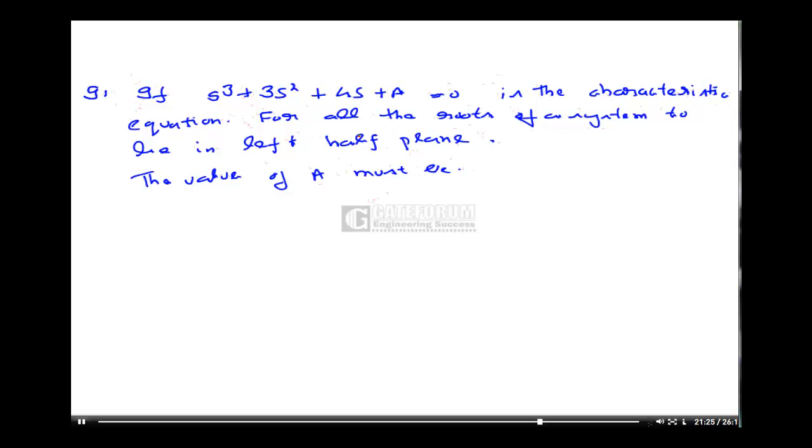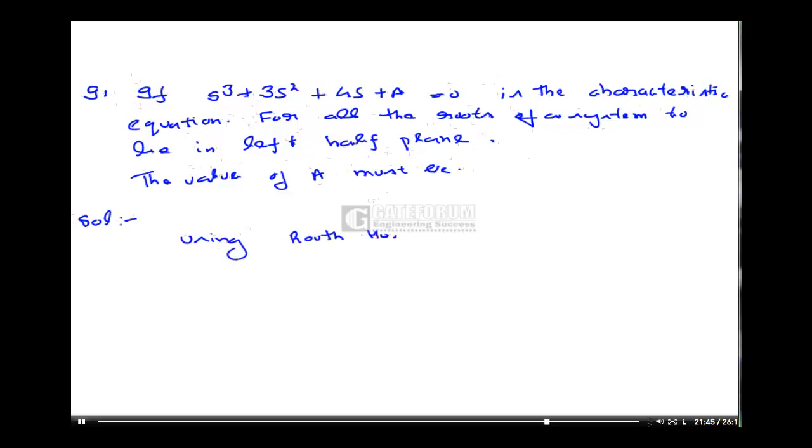It can be asked in another way also: for a stable system, the value of A is, okay, because when the roots of the characteristic equation lie in the left half plane, it means that the system is a stable system. Now the solution of this can be found using Routh criteria.